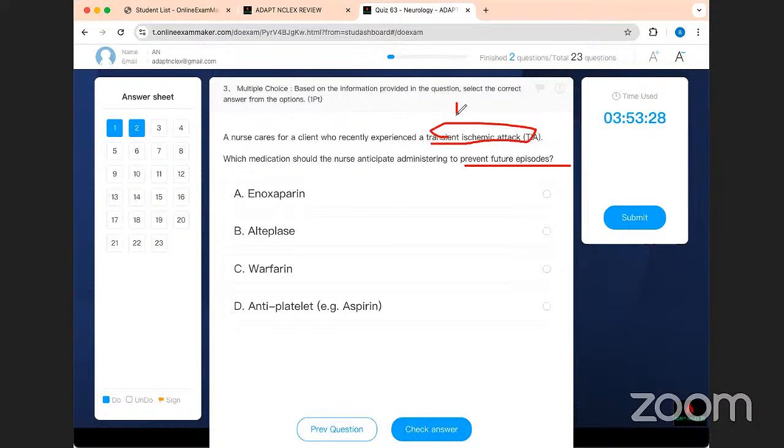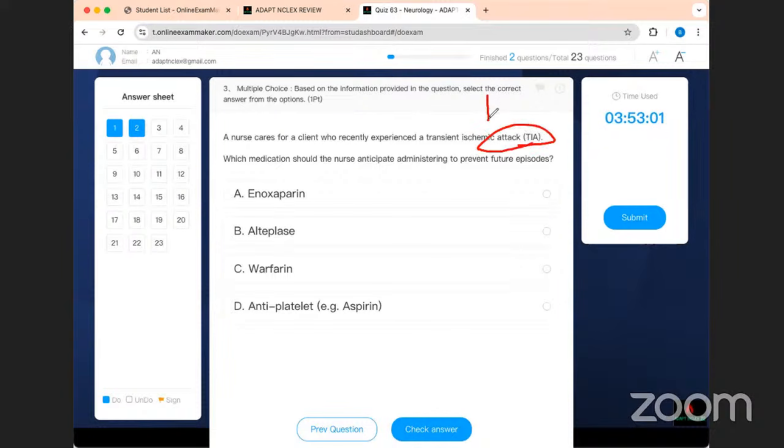This is a TIA, the early onset of stroke. It's a warning sign that you're going to have a stroke. You remember you have angina, then you get a heart attack, MI. Well, with stroke, before you get a full-blown stroke, you get a TIA, which is a form of angina to your brain.